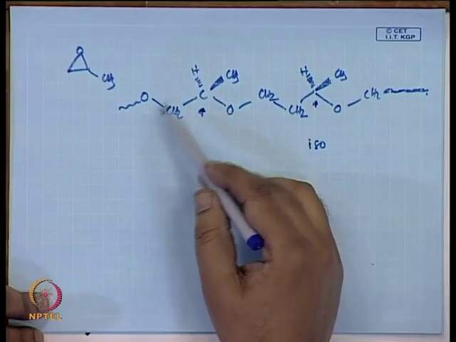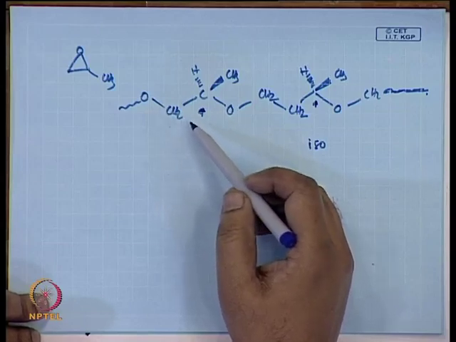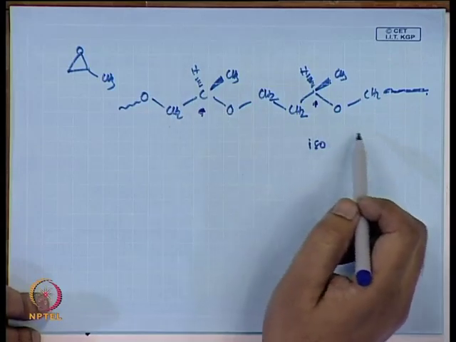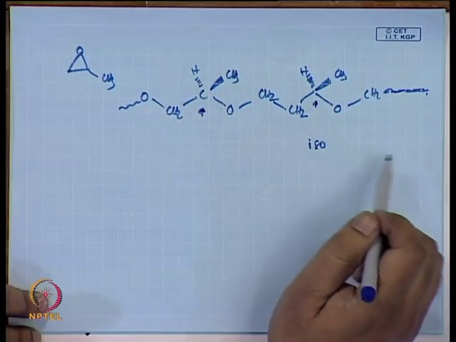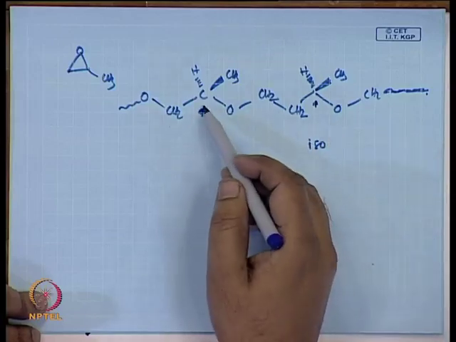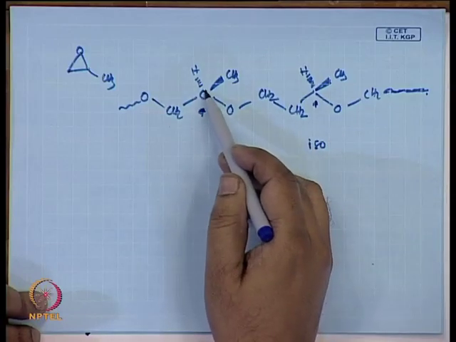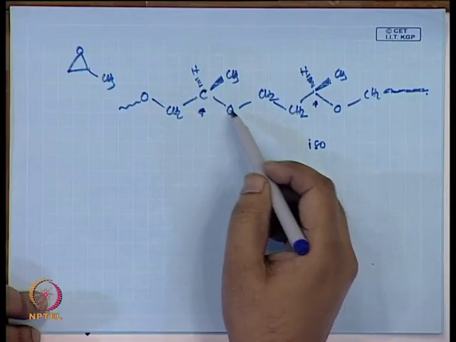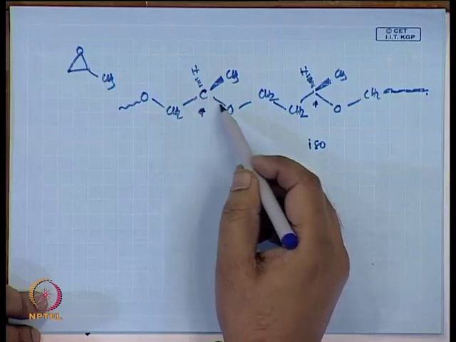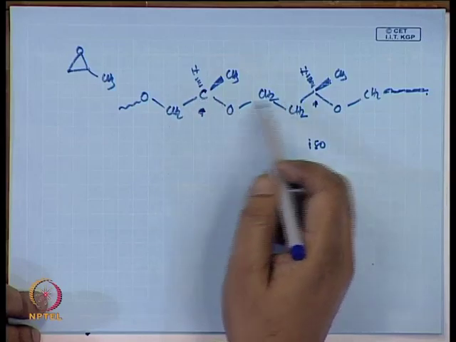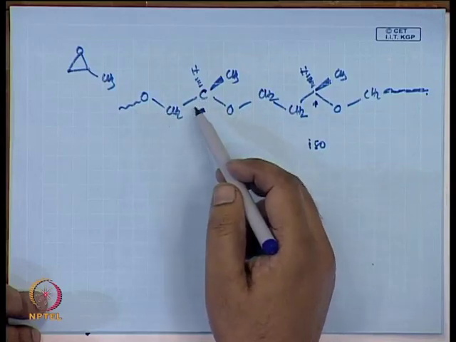Now, in this case, unlike polypropylene or other carbon chain polymers, if you consider this asymmetric carbon, then these two polymer residues, this one and this one, are actually different in nature.